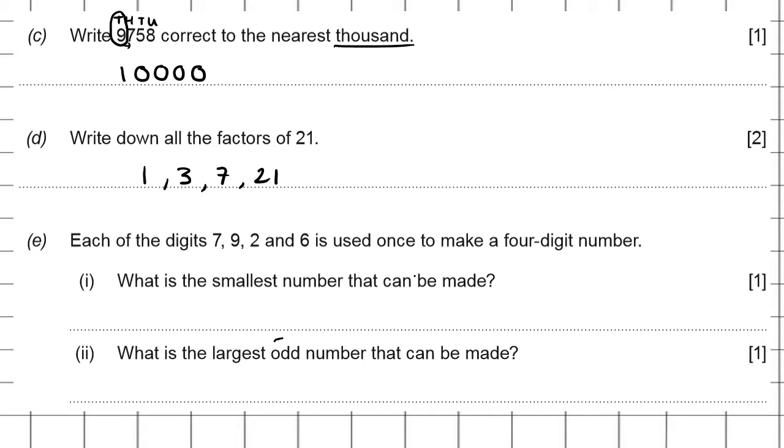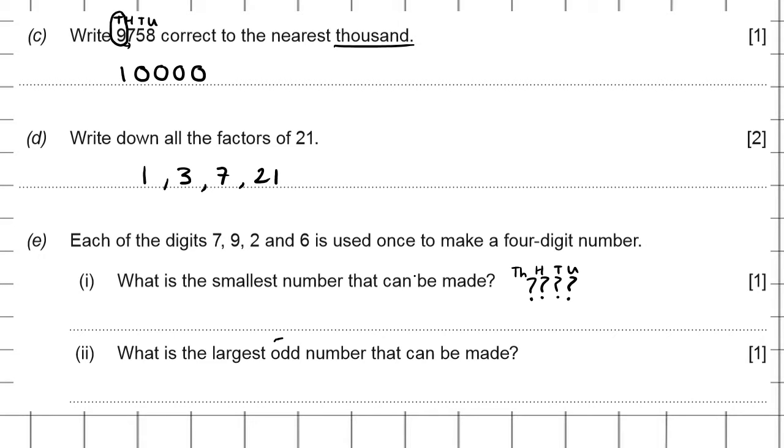Each of the digits 7, 9, 2 and 6 is used once to make a 4-digit number. What is the smallest number that can be made? I'll fill them in with question marks first: thousands, hundreds, tens, units.